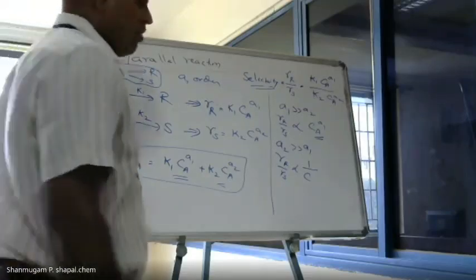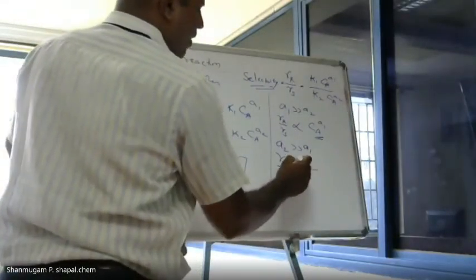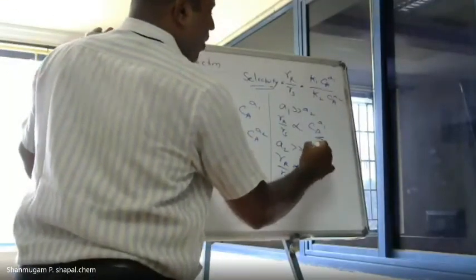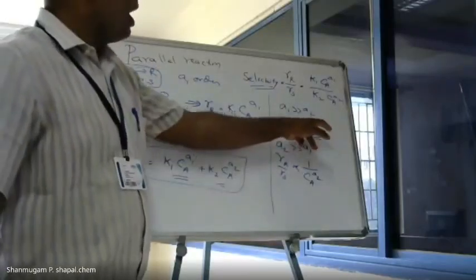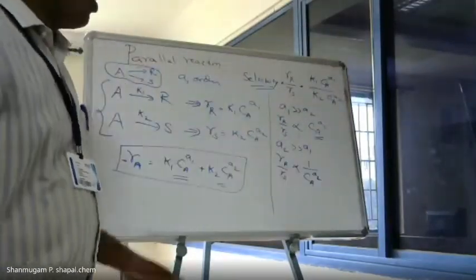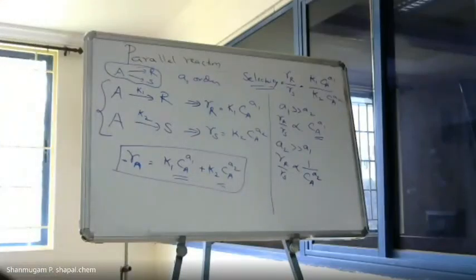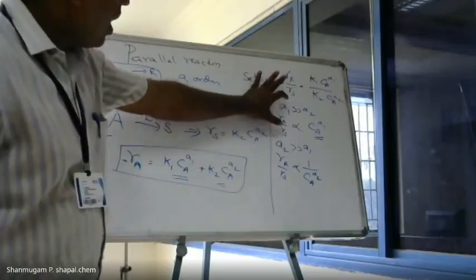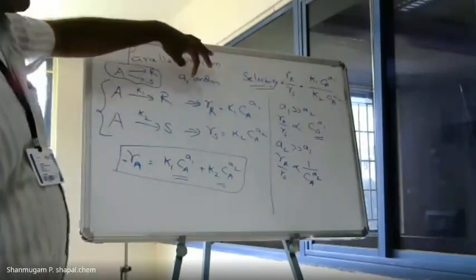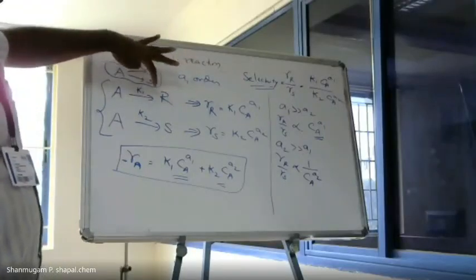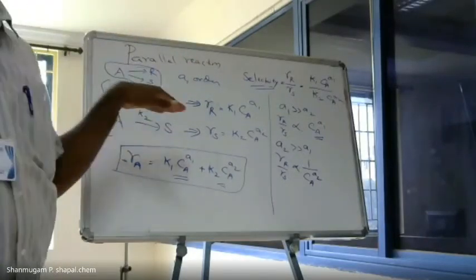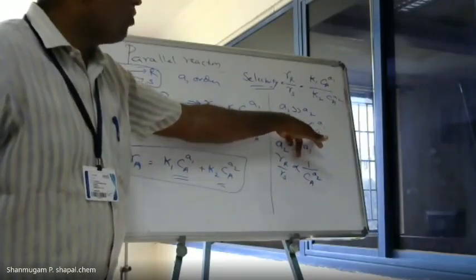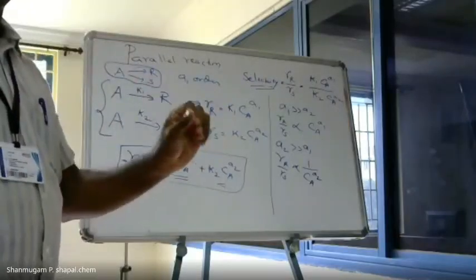Sorry for the disturbance. If you take this particular ratio, then it is Ca power A2 because A1 is very small. If it is very small, then this value will get diminished. So it is actually inversely proportional. So from this, what you acquire is that for A1 higher than A2, that means the individual order of this first reaction mechanism is high when compared to this mechanism, then the concentration of the feed should be very high in the reactor.